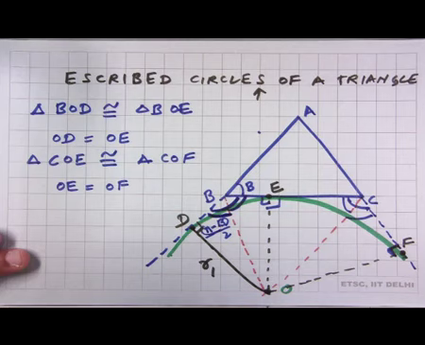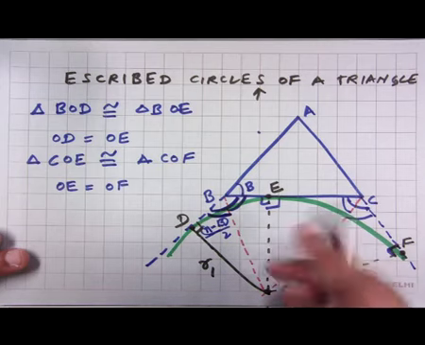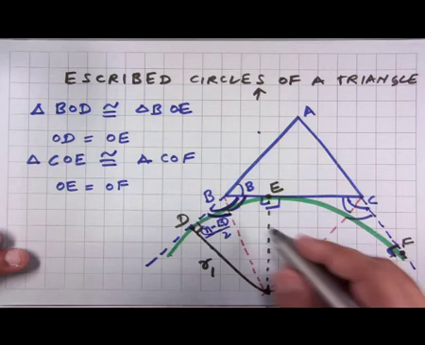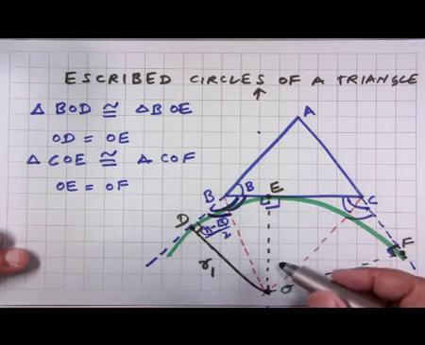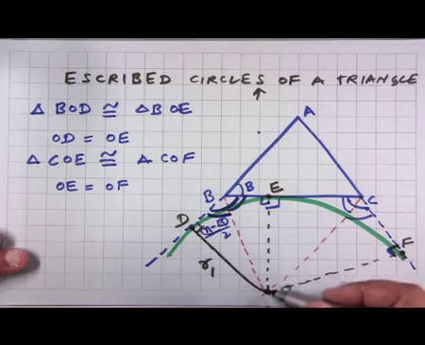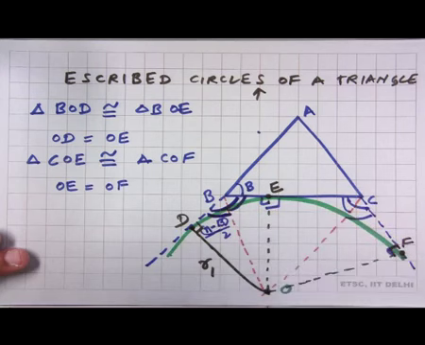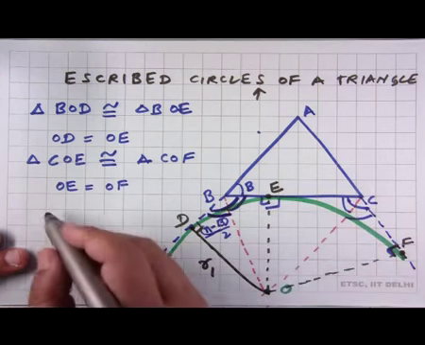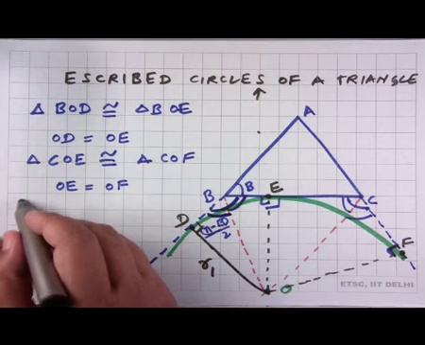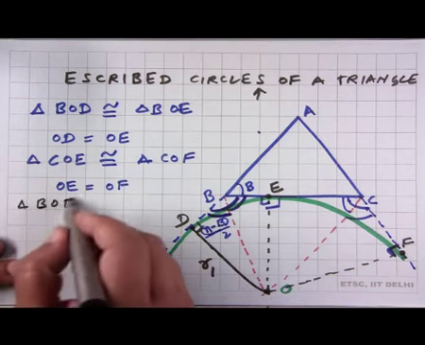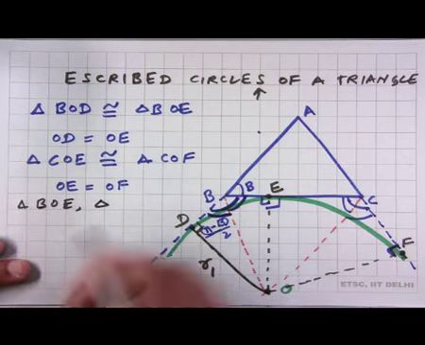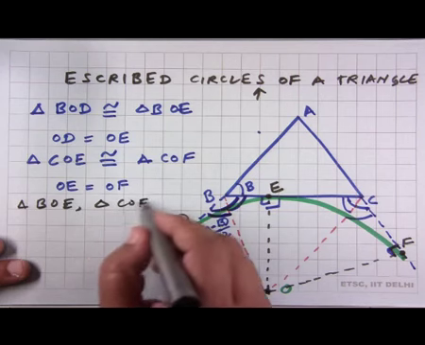In order to do that, we'll consider the two triangles BOE and COE.